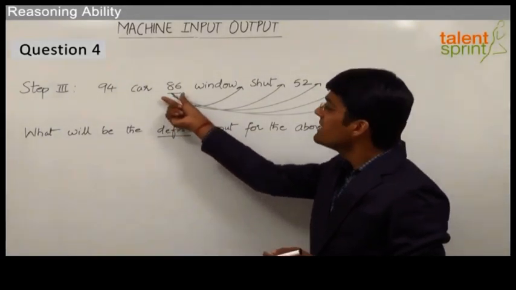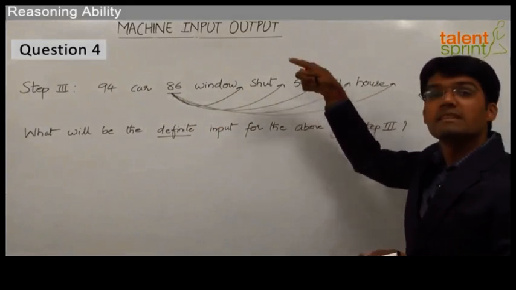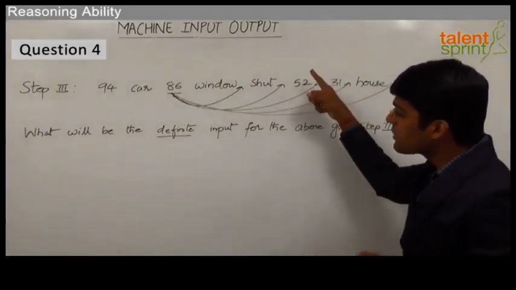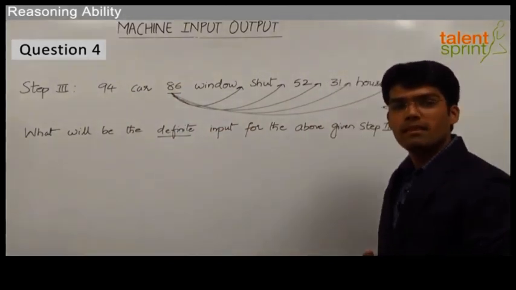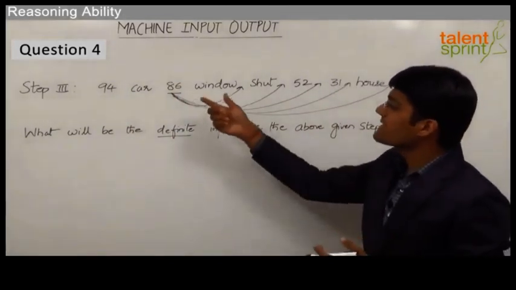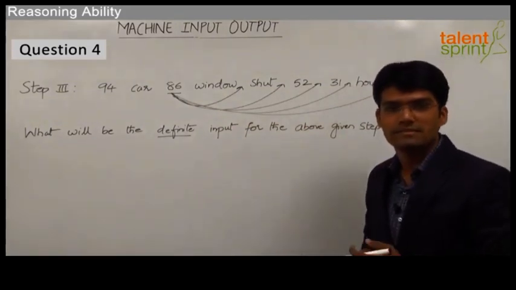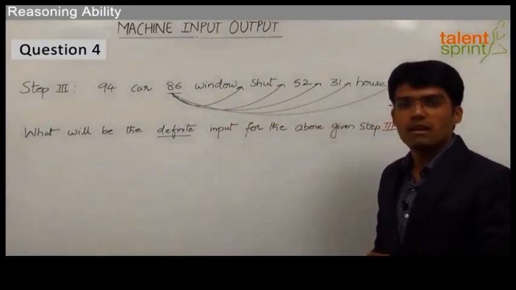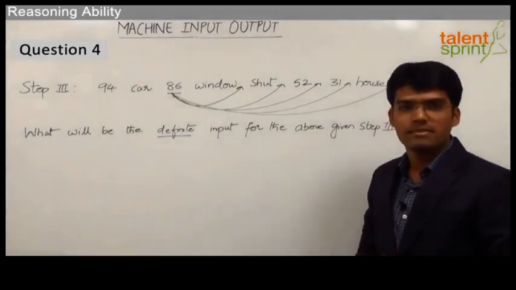That means 86 could have been in any of these 5 positions in the previous step, from where it was brought to this third position in step 3. But we cannot say what exactly was the position of 86 out of these 5 possibilities, which means we are unable to find out what was step 2 for this given step 3.